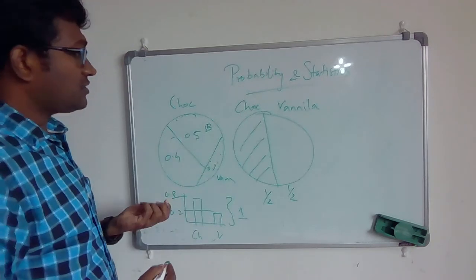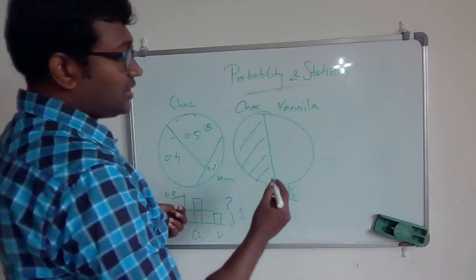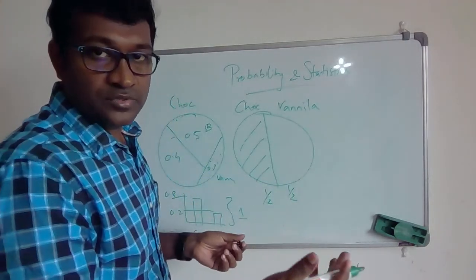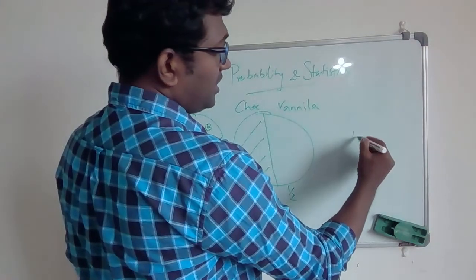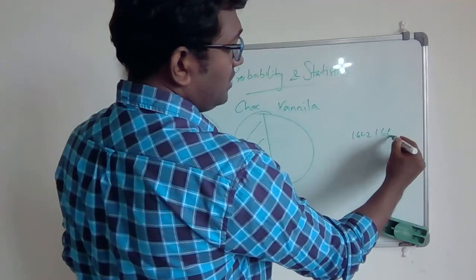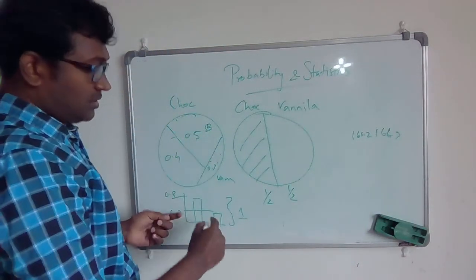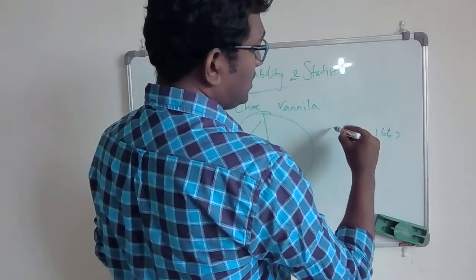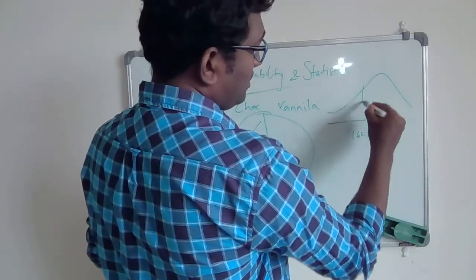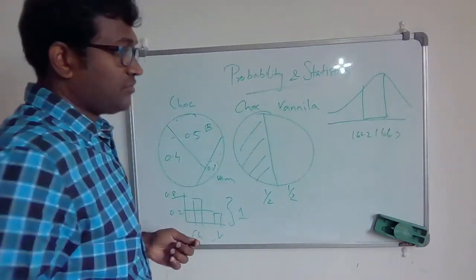But in case of, let's say, randomly picking heights of students in a class, it could be like 166.2 centimeters, 166.3 centimeters. So these values are continuous. In that case, I cannot represent it using bars. I represent it using a distribution like this, where I can take the area between these two and get the probability of touching it.